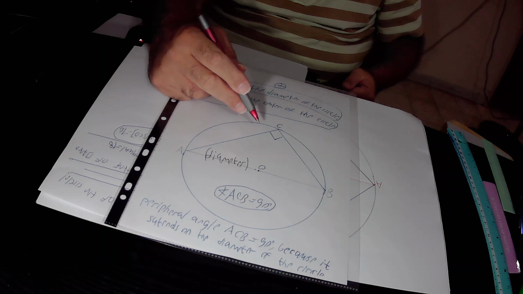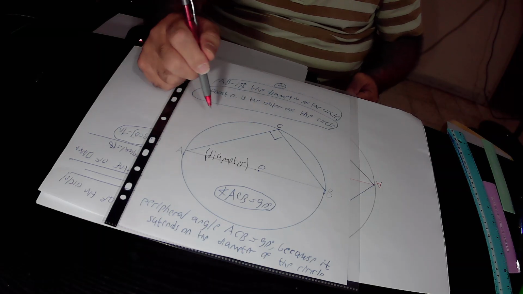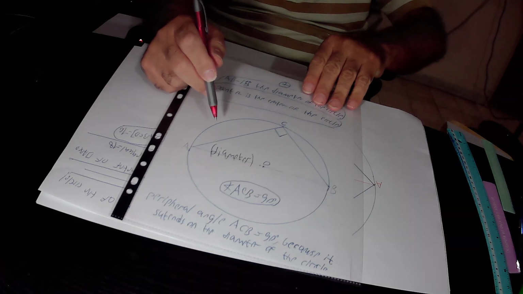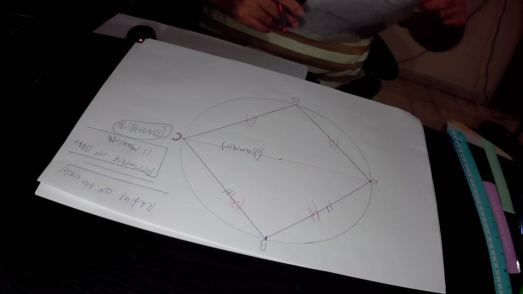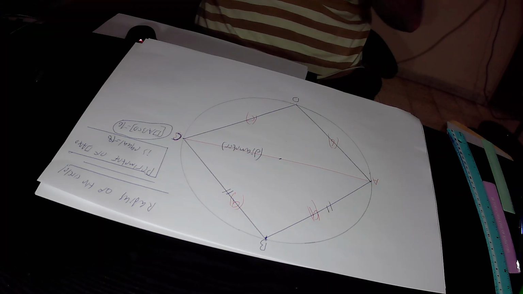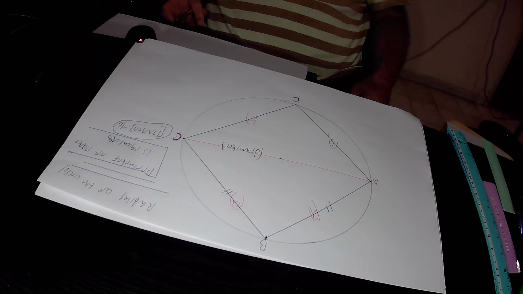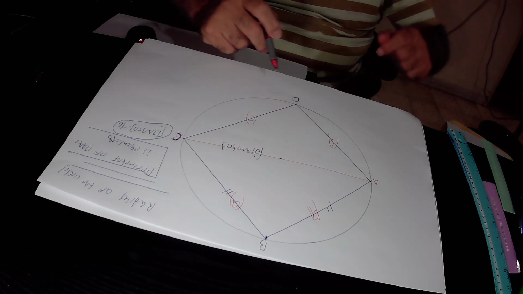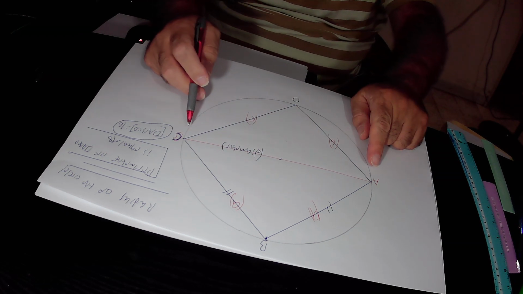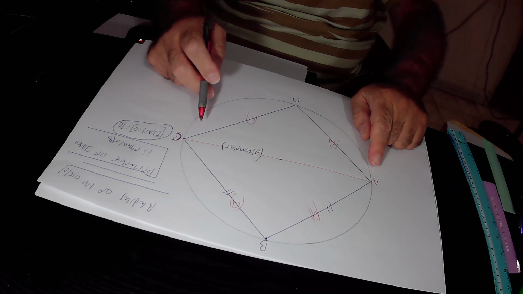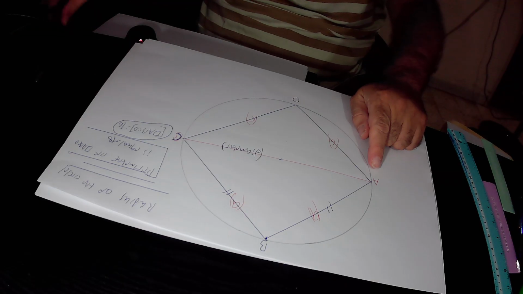So according to this rule 7, any peripheral angle that subtends the diameter of the circle must be equal to 90 degrees in its size. So we can actually implement rule 7 in our drawing. Why? Because in our drawing we have peripheral angle ABC that subtends chord AC, that is the diameter of this circle, therefore peripheral angle ABC must be equal to 90 degrees according to rule 7.